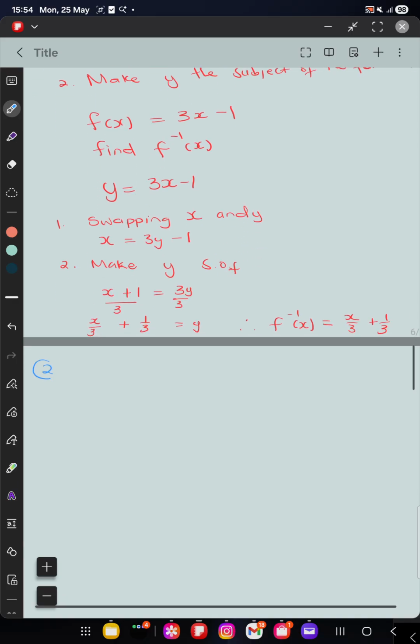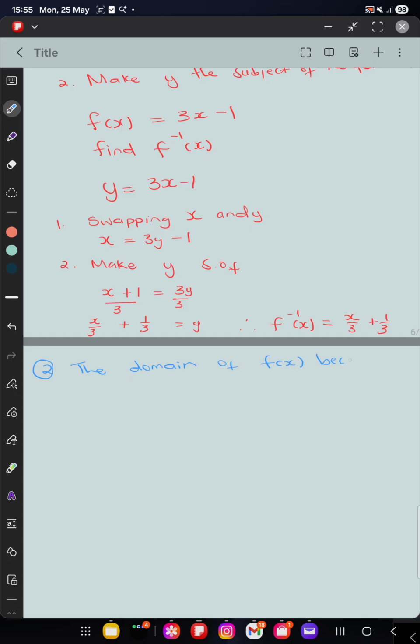Number two, it's very important to note that the domain of f of x becomes, or the values of the domain of f of x become the range of f inverse of x.